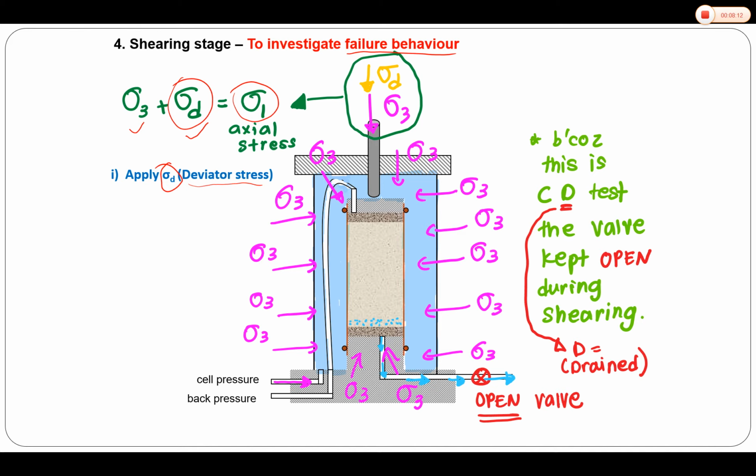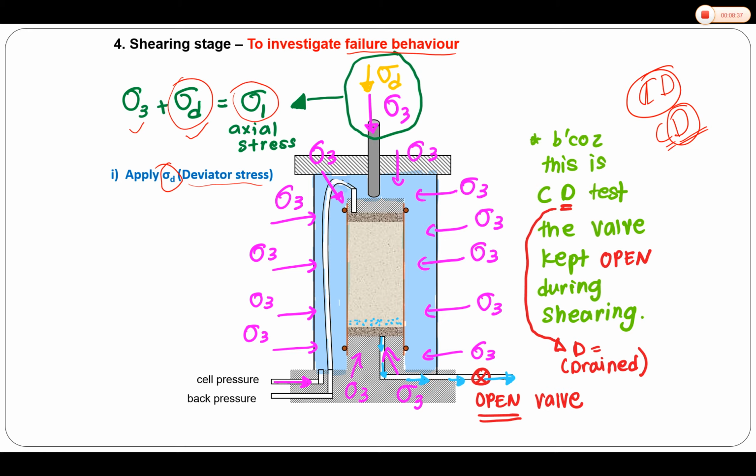Again, since this is the CD test, we conduct the CD test. Consolidation is clear. So now the second term refers to the shearing stage. During the shearing stage, we look at the valve condition. D means drain. So drain out, water will flow out.